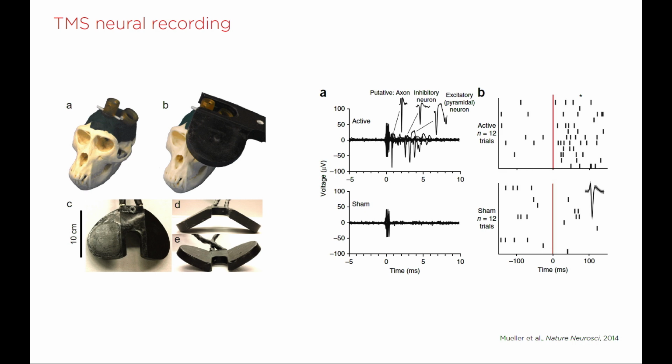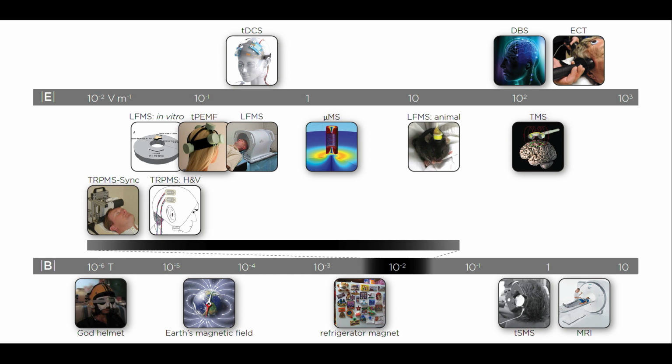And one can see here that using active stimulation, it produces more action potentials compared to sham. So one can record single neuron activity while performing TMS. This is a very exciting project, and it is now a BRAIN Initiative funded project conducted at Duke University.